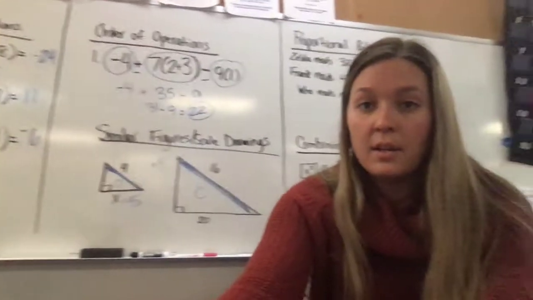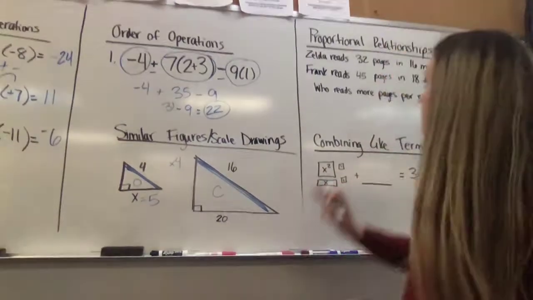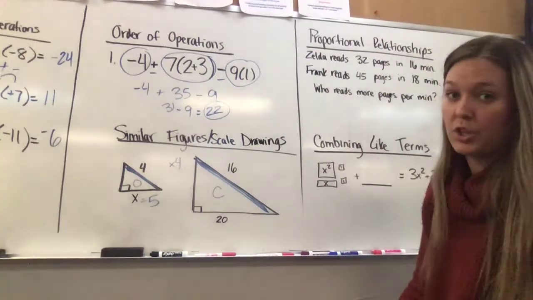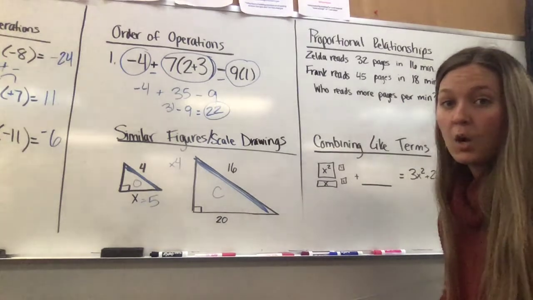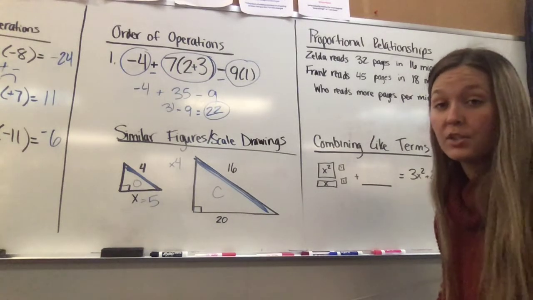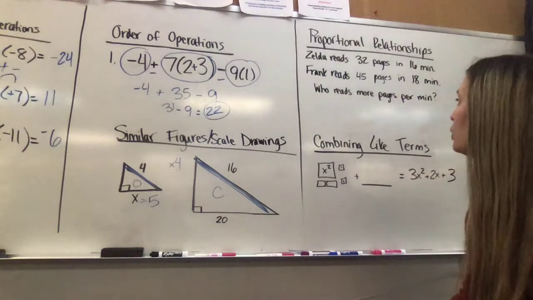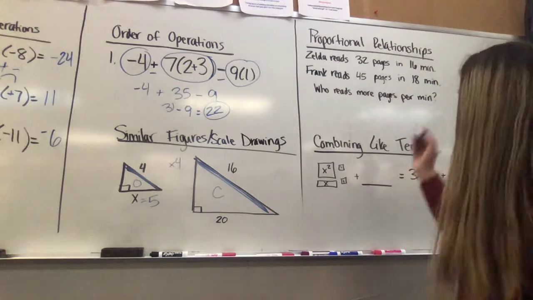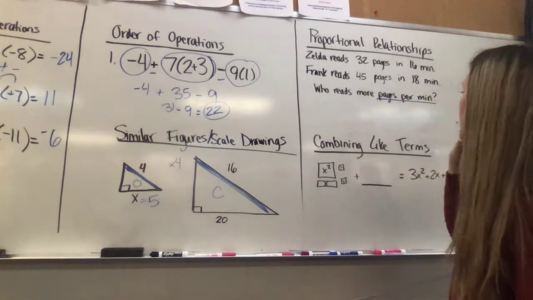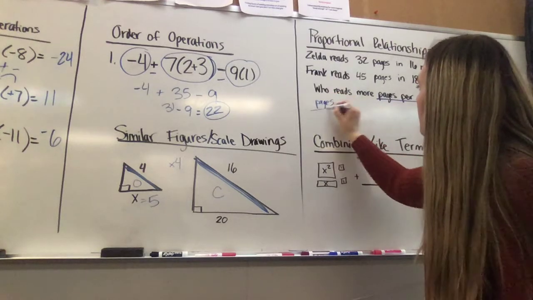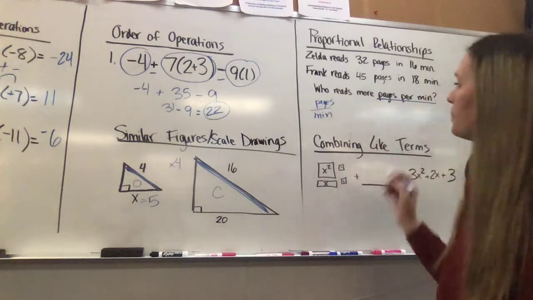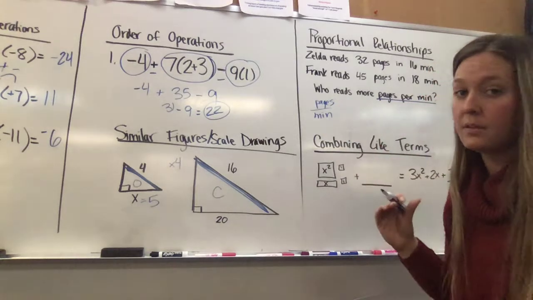All right, other objectives. We have proportional relationships. So we have Zelda, who reads 32 pages in 16 minutes. We have Frank, who reads 45 pages in 18 minutes. And we're wondering who reads more pages per minute. So we've got pages per minute. So we're going to set it up like this, where pages are on the top, minutes are on the bottom.